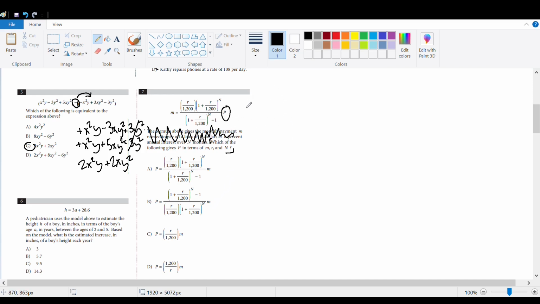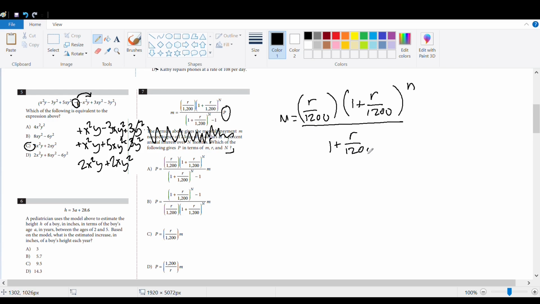So let's just rewrite this equation to make the math a little bit easier. So M equals R over 1200 times 1 plus R over 1200 to the power N, over 1 plus R over 1200 to the power of N minus 1, times P. So here, we want to get rid of this big denominator, so we just multiply it by the same value, 1 plus R over 1200 to the N subtracted by 1.